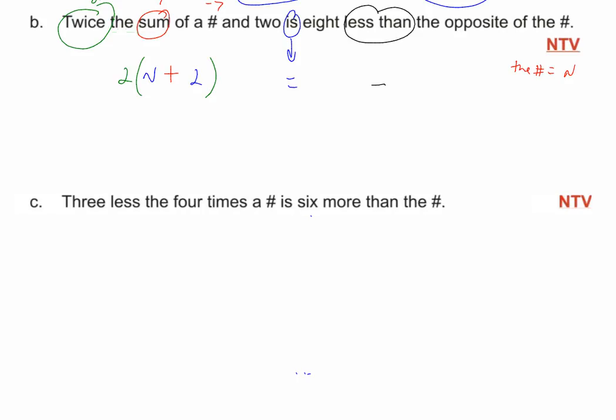For addition, does it matter where the numbers go? Does 5 plus 3 equal 3 plus 5? Does it matter in subtraction? Does 3 minus 5 equal 5 minus 3? No. So it matters. So we got to make sure we get the 8 in the right place and the opposite of the number in the right place.